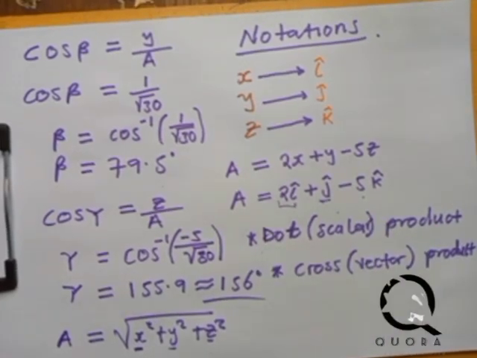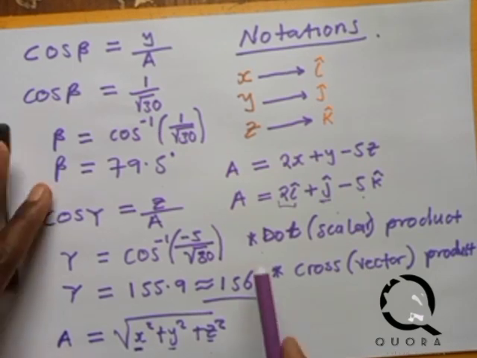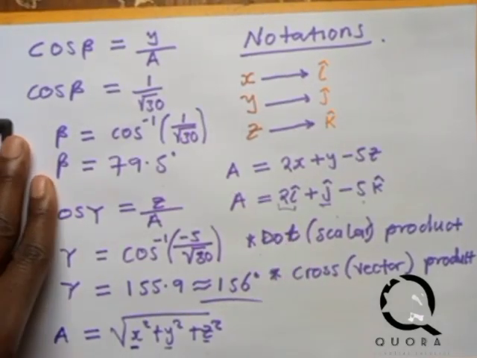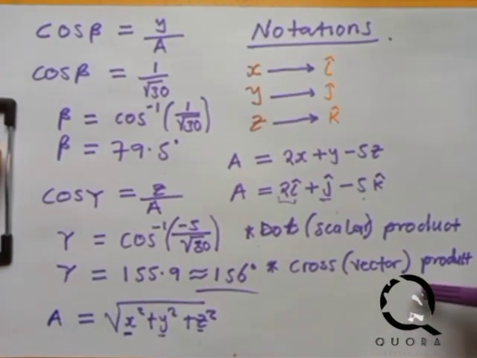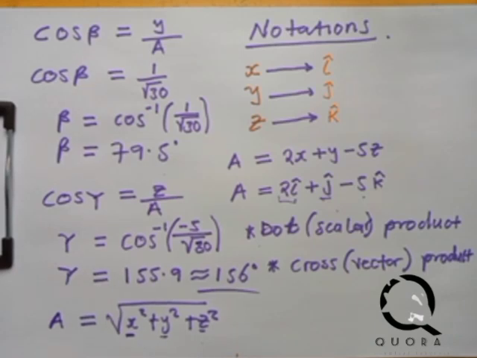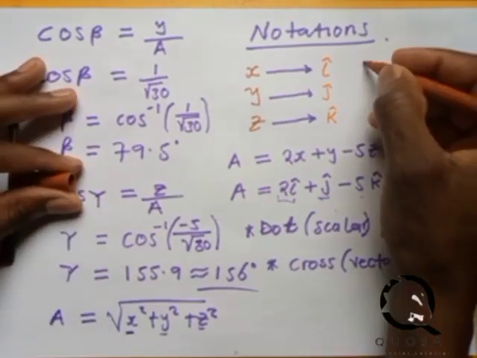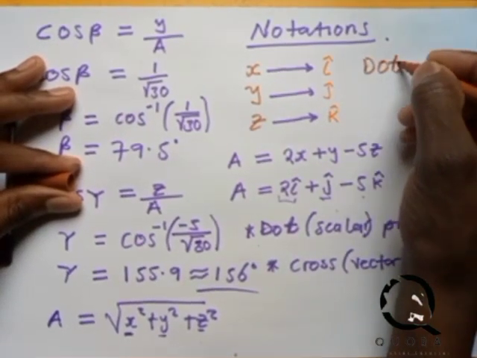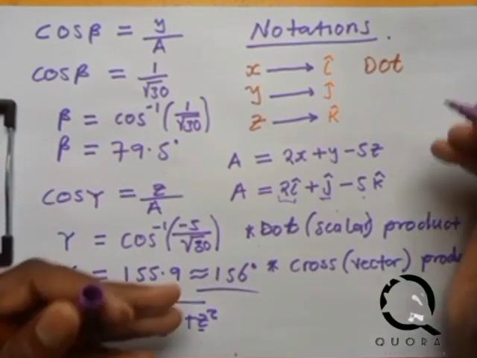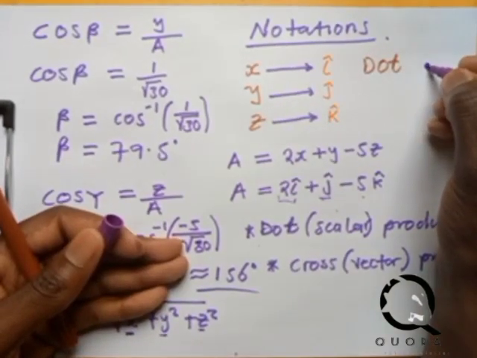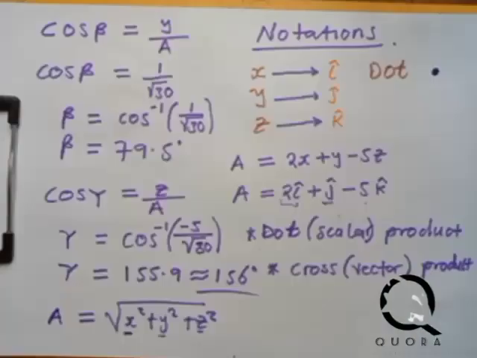Now, what are the symbols that we are supposed to be using whenever they give us something like this, and also something like that? What are the things that we should always be using for us to understand the concept? For dot product, we are going to use the dot symbol.